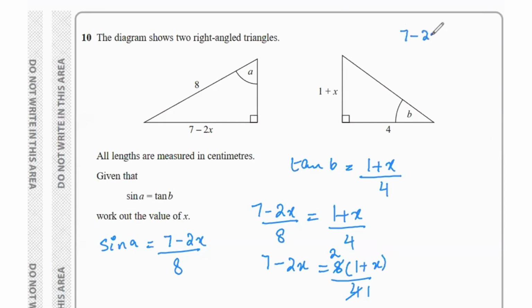We expand the bracket, bring the variable on one side and the constants on the other. So 7 minus 2 equals 2x plus 2x. That's 5 equals 4x. And 5 over 4 is your x value.